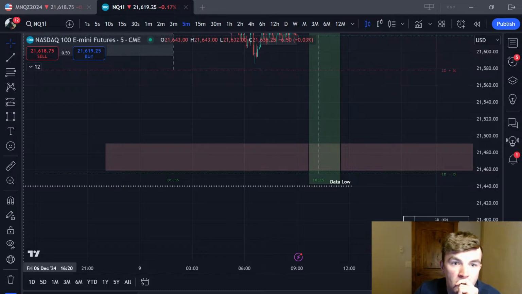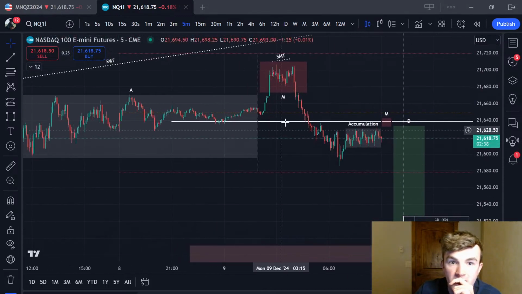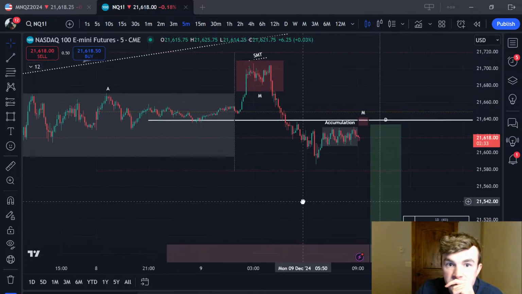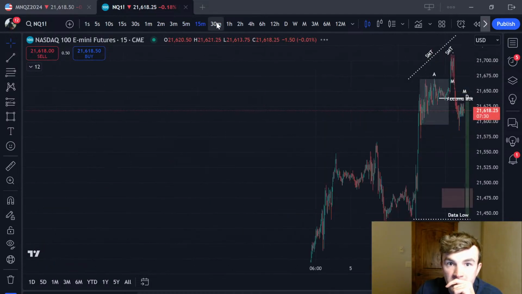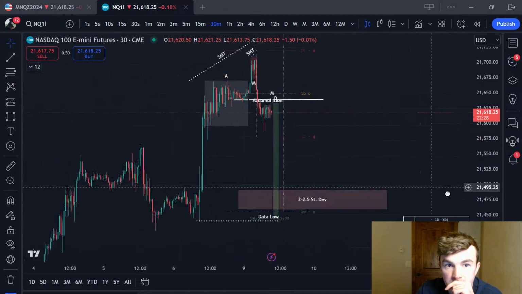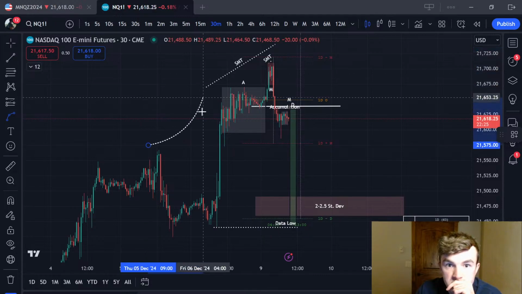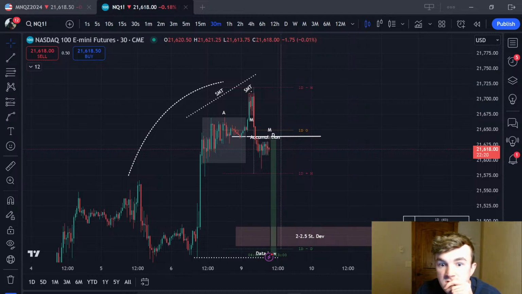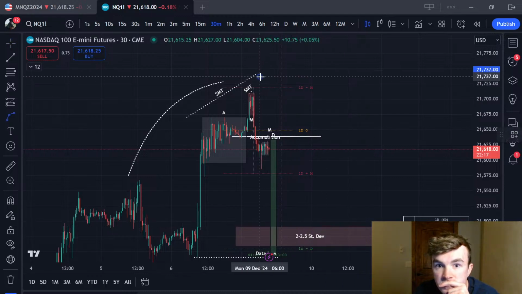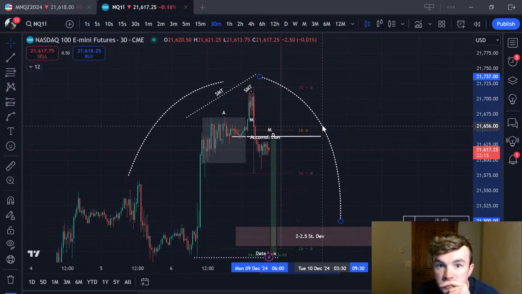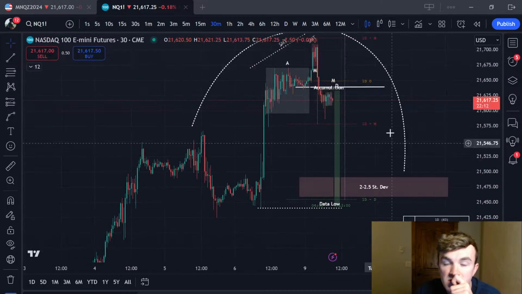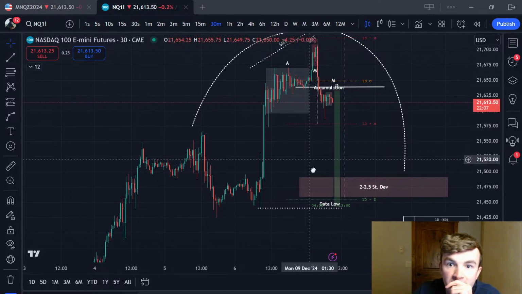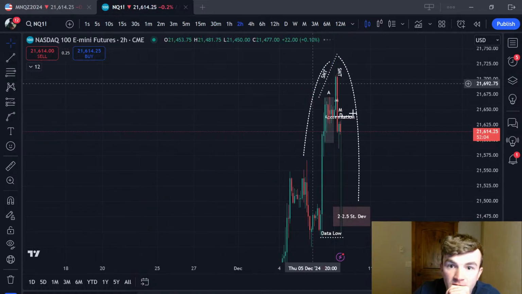We're starting to get a little bit more of a picture of what could be going on right now. So I could see this being a market maker sell model, right? Like I said, I want to see some kind of manipulation, ideally, into this 4-hour CISD.